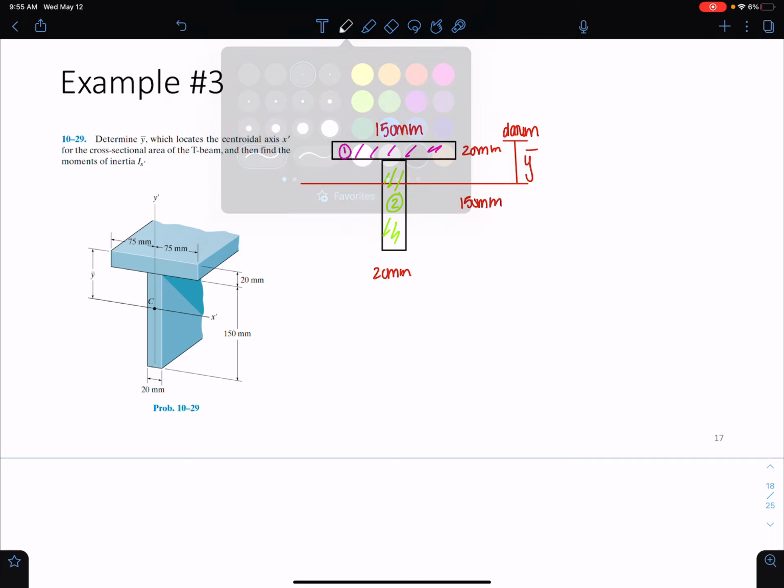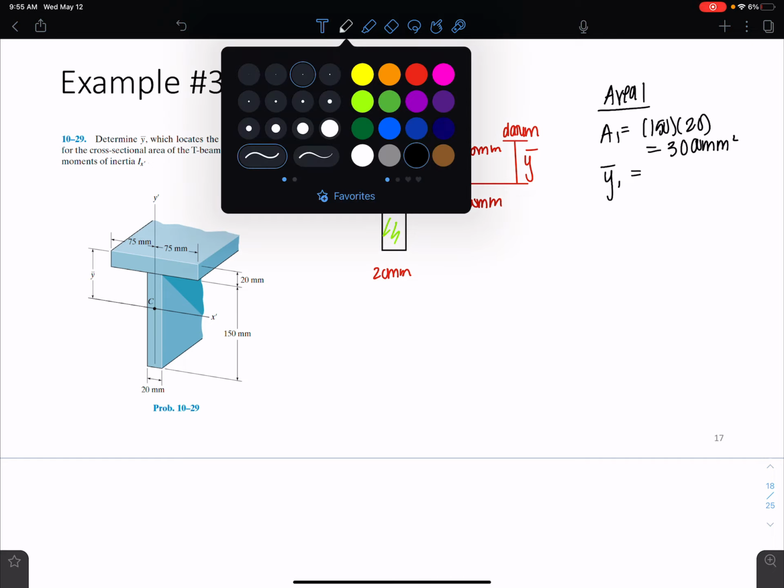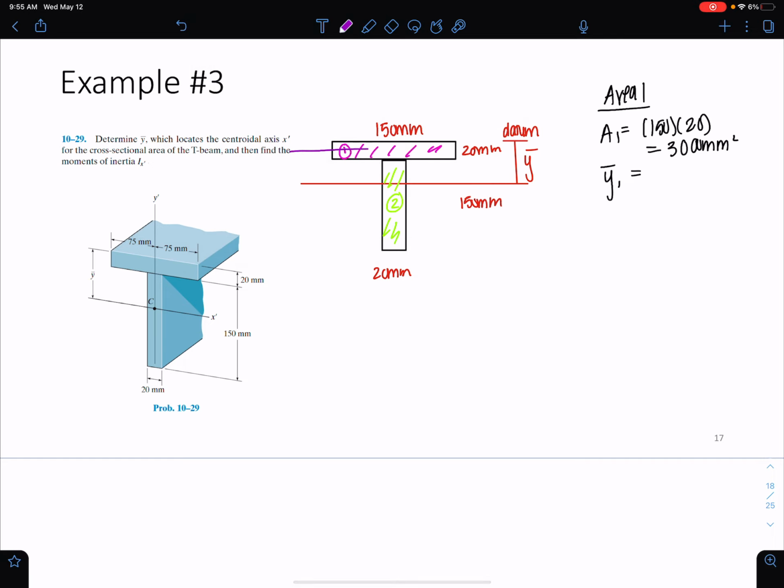Now area 1 here is 150 times 20, which gives 3,000 millimeters squared. And my y1 bar is equal to the distance from the middle of area 1 to my datum, which is just half of 20, so 10 millimeters.